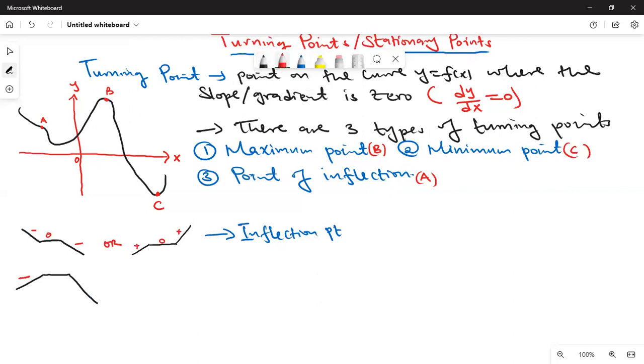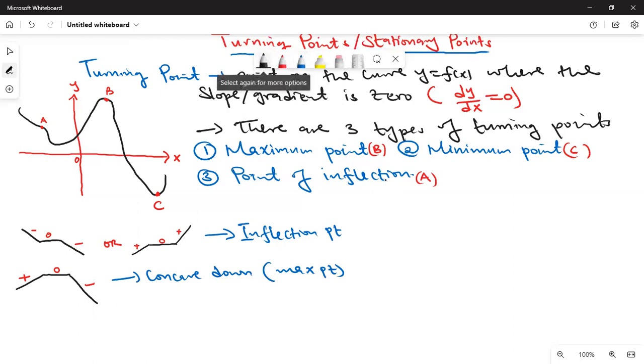So when it is rising, the gradient is positive, leveling out is 0, falling, the gradient is negative. So this is concave down, and that means it is a maximum point. When your graph is concave down, we talk about a maximum point.